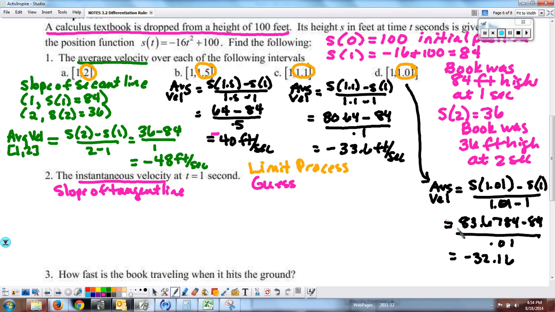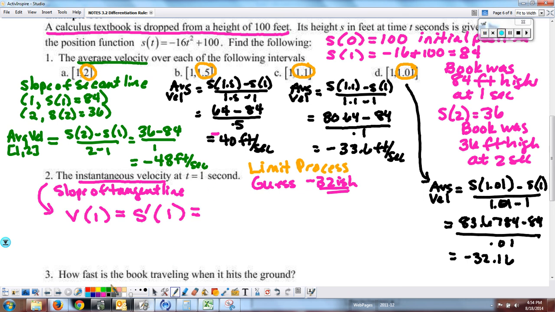You can sort of see you seem to be heading toward negative 32-ish. Okay, of course we're not going to leave it at that. Instead of doing the limiting process, we now have these shortcuts. So I can get an idea of what it is, but this instantaneous velocity, I'm basically asking for v of 1. To find the velocity, I know that really what I need to do is take the derivative of the position function at 1. That's what they are asking me to find.